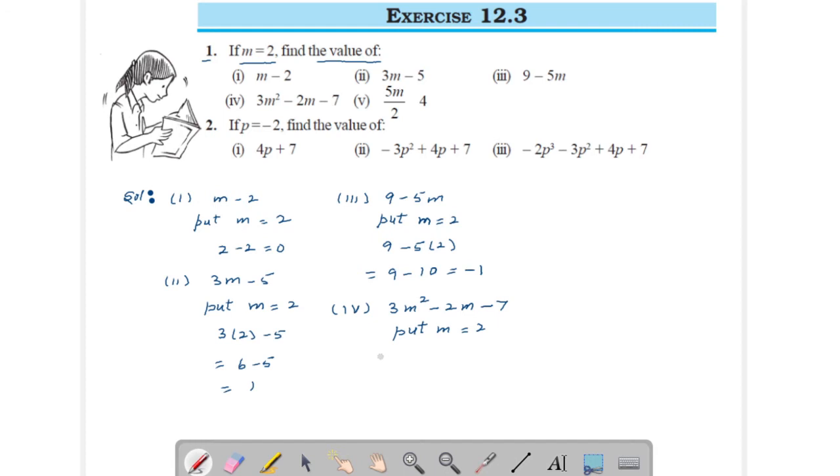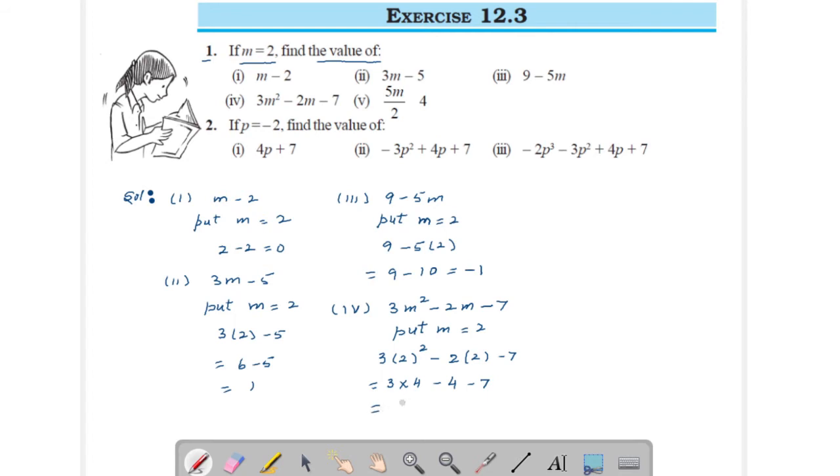You will get 3 into 2 raised power 2 minus 2, again replace m by 2, minus 7. Solve this. You will get 3 into 2 raised power 2, it is 4. 2 to the 4 minus, here open the bracket, 2 into 2, it is 4 minus 7.